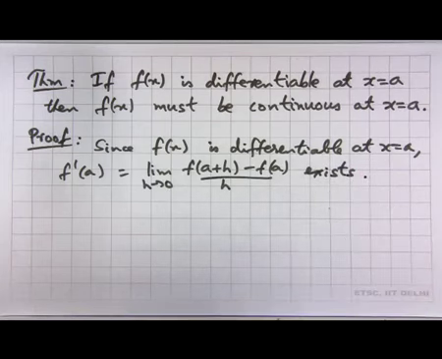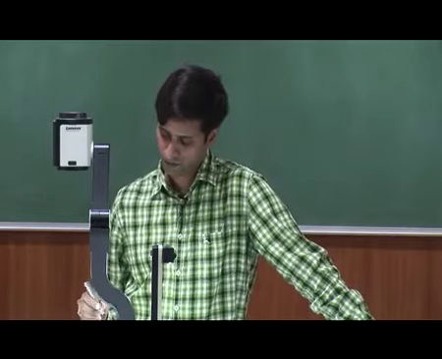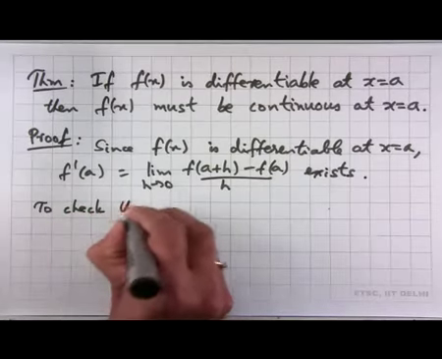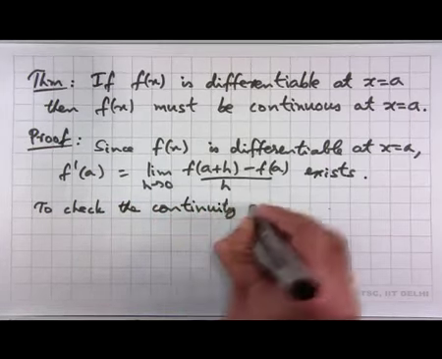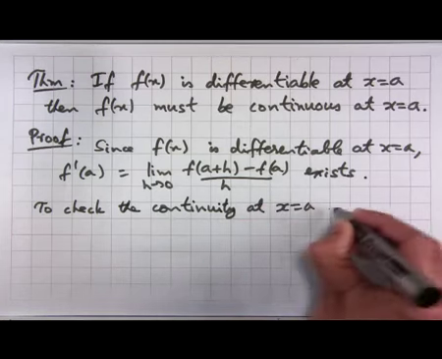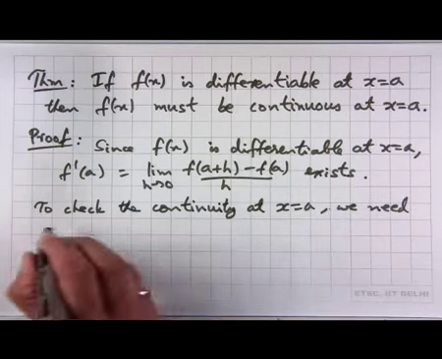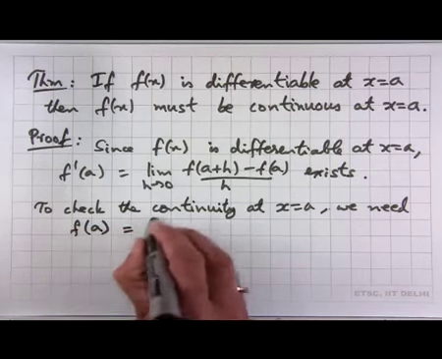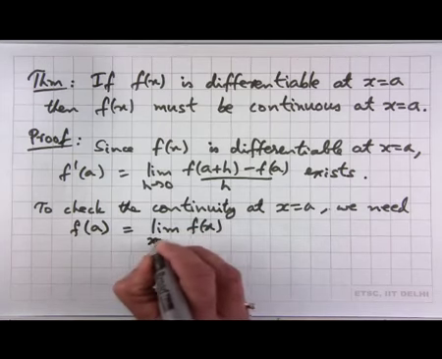Now, to check the continuity of the function, we need to look at the limit of f of x as x approaches a. So, to check the continuity at x equal to a, we need f of a to be equal to the limit of f of x where x approaches a.